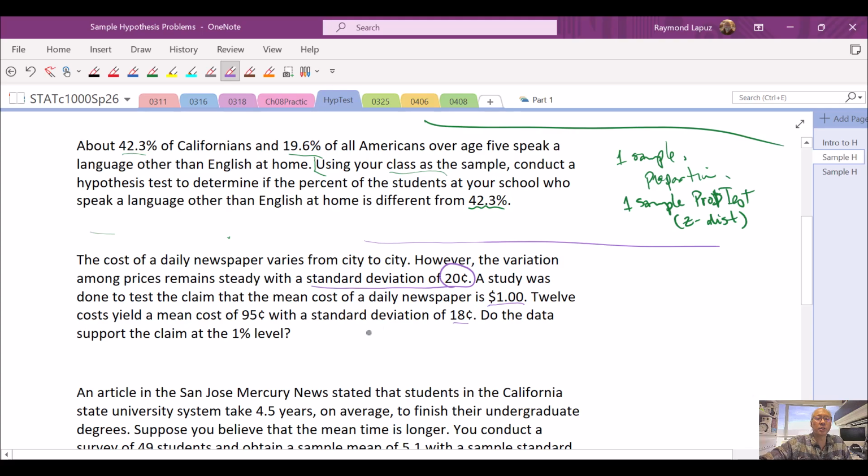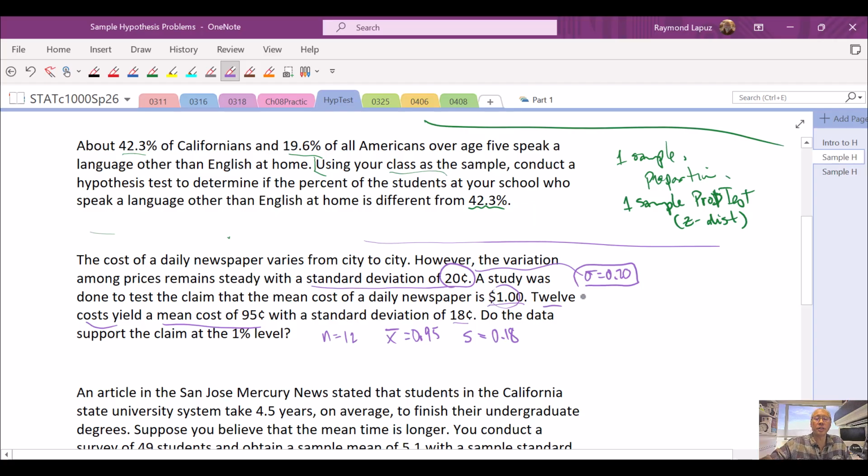So the claim was something about a dollar, but it looks like here we have sigma 20 cents. We have out of the 12, n is equal to 12, the mean cost for that, so that's x bar, because that's related to the 12 newspapers, and this is S, the standard deviation, and again related to the 12 newspapers.